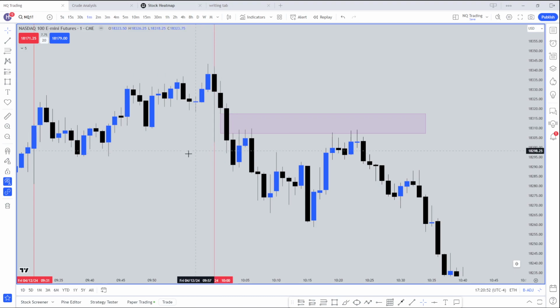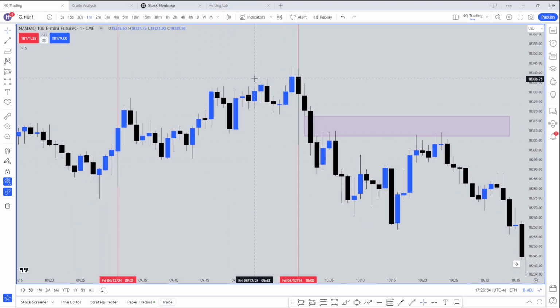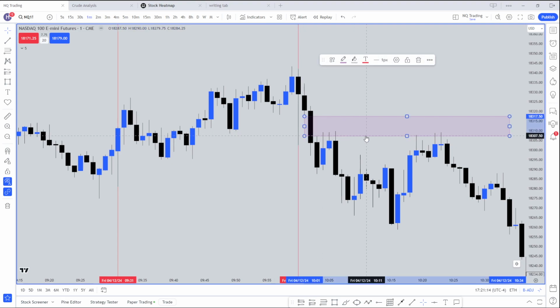And what else did we do here? We took out a sweep right there. We swept these highs, which means there's a stop hunt here. Come up, stop hunt, take them out, come down, create displacement, which then creates a fair value gap. And again, I find that very interesting.